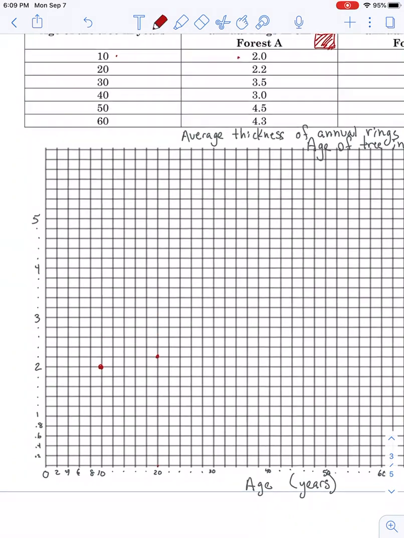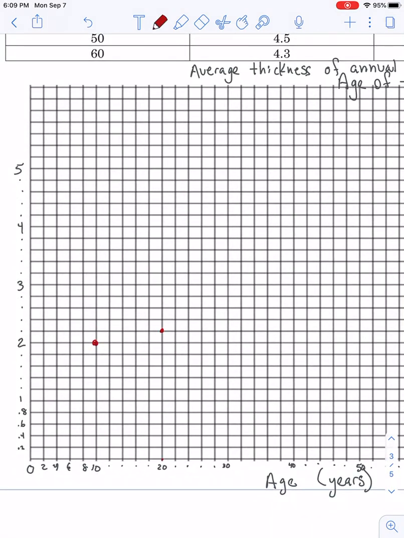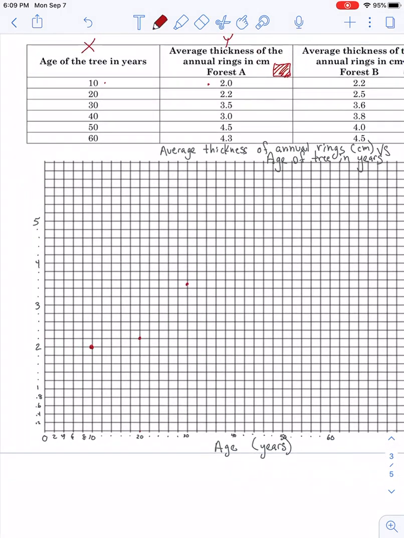Over to 30, up to 3.5. So over to 30, up to 3.5. 40 is 3. 50 is 4.5.